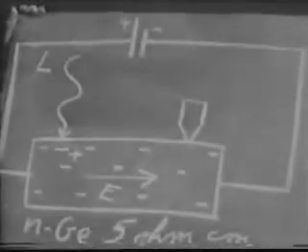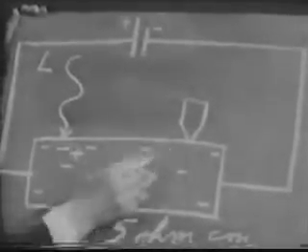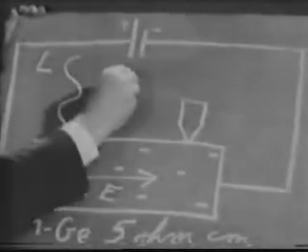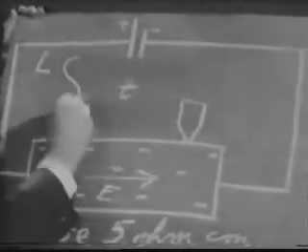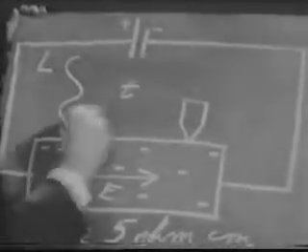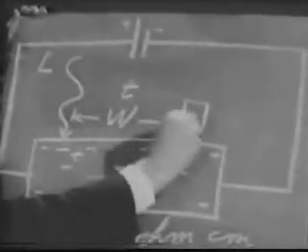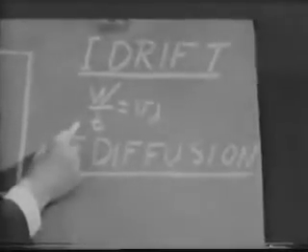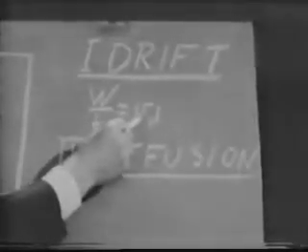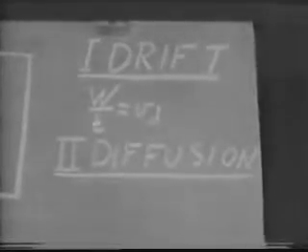With this source medium detector configuration, we can measure the transit time, T, and the distance, W, and thus determine drift velocity, W divided by T equals v sub d.